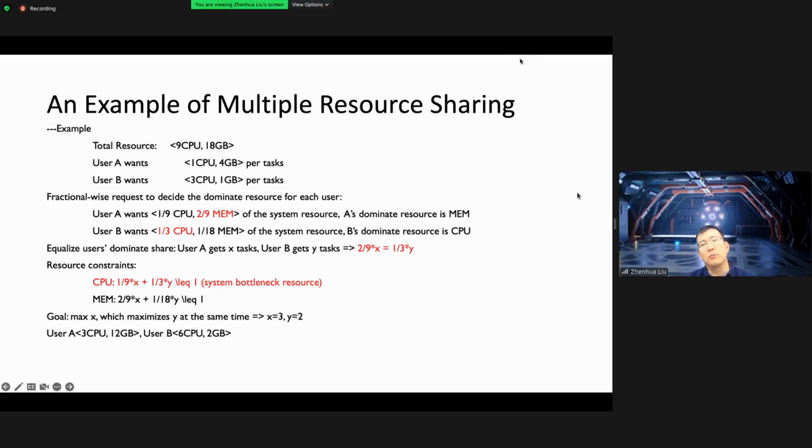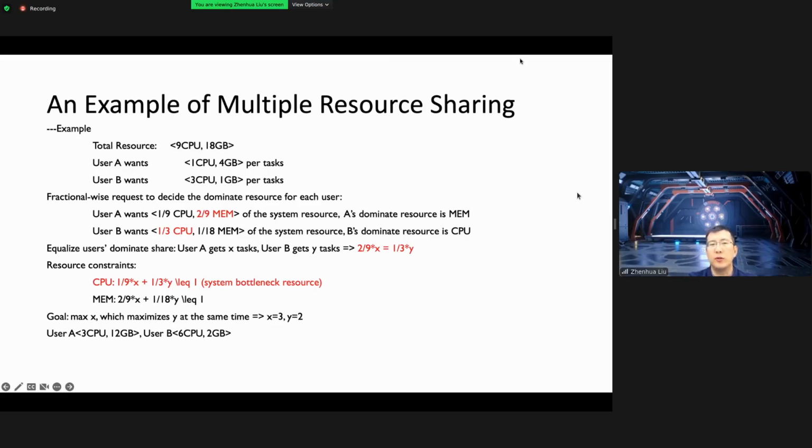So we will basically ask you similar questions to say whether you are able to do the multi-resource allocation. Okay, here, let's consider there is a cluster with 9 CPUs and 18 gigabyte memory.